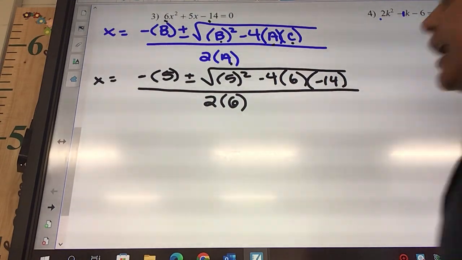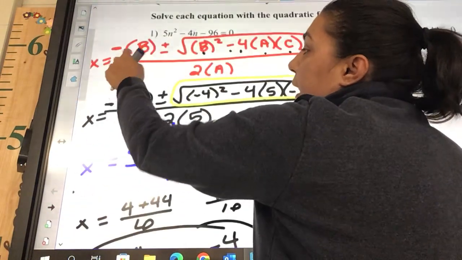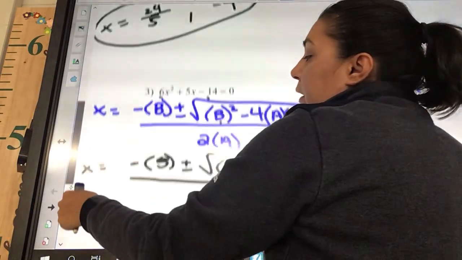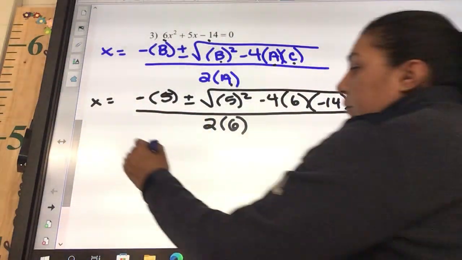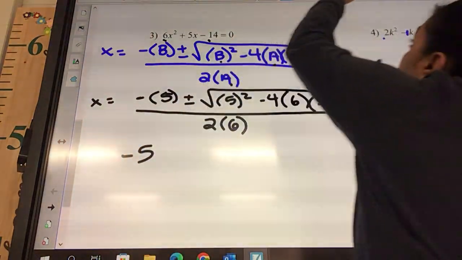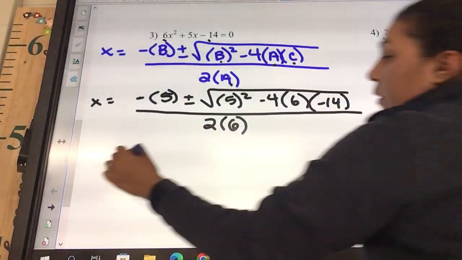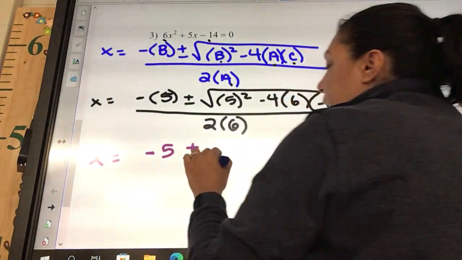Okay, so if we reflect back to the last one, see how I had that negative negative here? On this one we don't have a negative negative, so it's really saying negative and then a 5. So on the outside we're just going to get negative 5. So x equals negative 5 plus or minus.